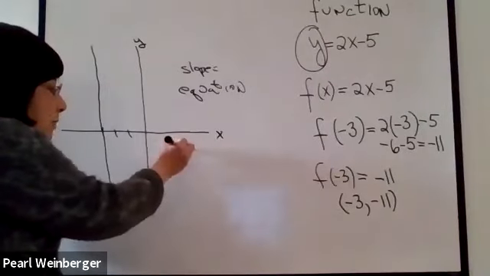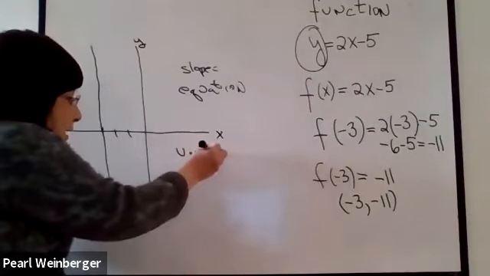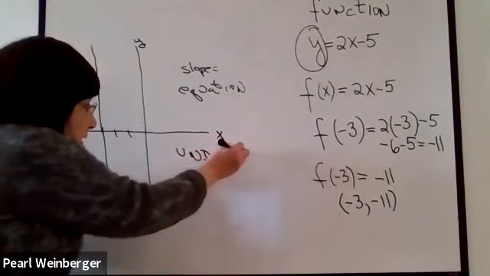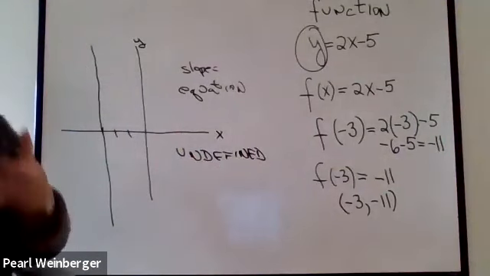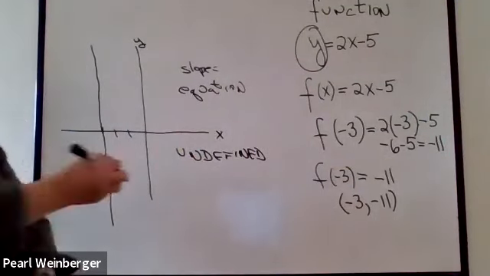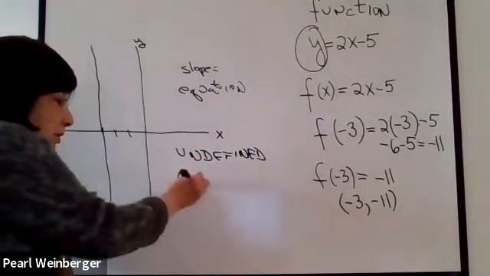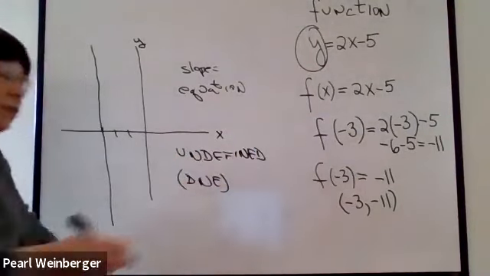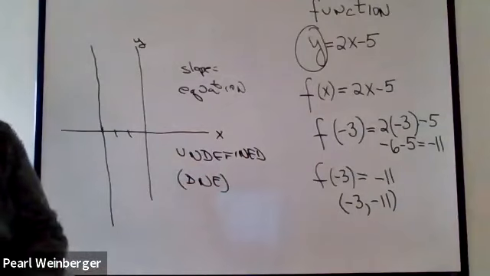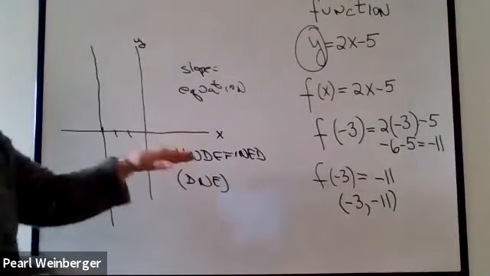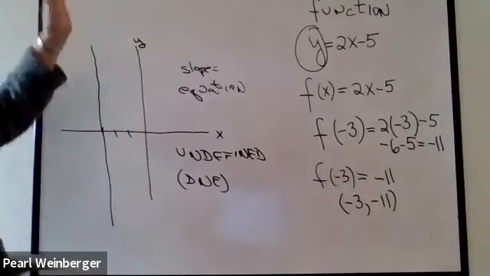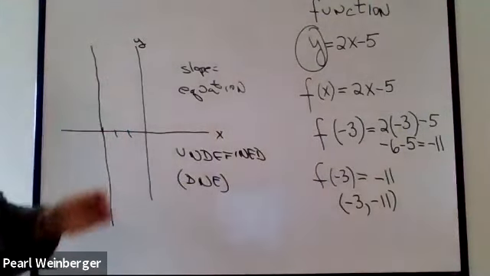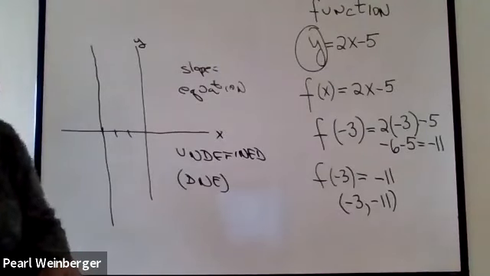Anytime they talk about a line where the slope is undefined, or sometimes the term used is DNE, does not exist. It's not DNA, it's DNE. Does not exist or undefined. That's the technical term. It means you're talking about a line that goes straight up and down. It's a vertical line. It's the only type of line that does not have a slope.